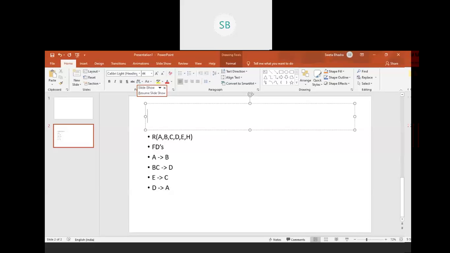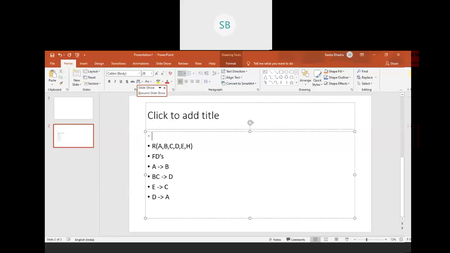Okay. Let me write the question here. Find the highest normal form. So for now, you have to find the highest normal form. I know we have to follow some steps.